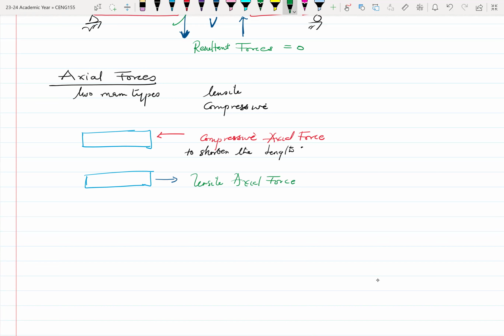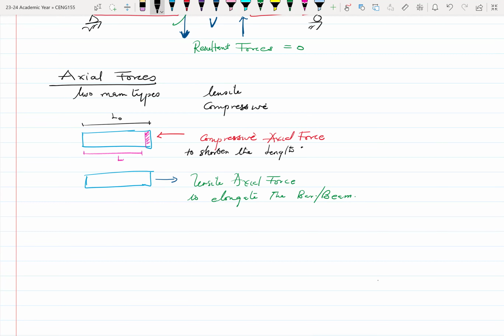Some would say compression and tension are the same thing. Here, the goal is to elongate the bar, or to increase the length of the bar, or maybe beam, depending on which way you want to look at it. So if you have the original length here, let's say L naught, for high compressive forces, with time you have a new length here, L1, because this end, this zone here, has been pushed inside.